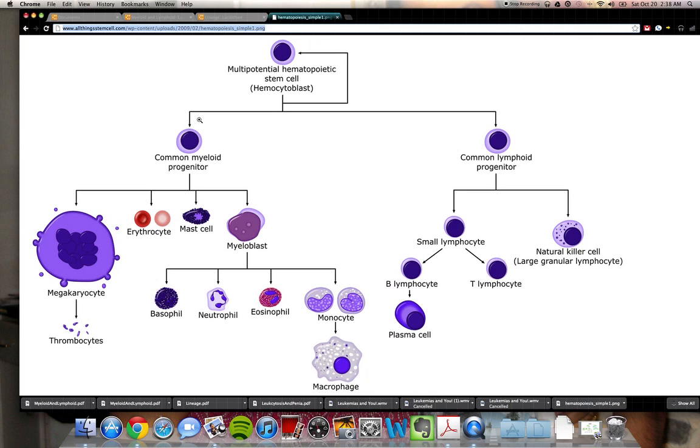Now, let's go back. Anytime we get stuck somewhere in this myeloid lineage, what's going to happen? We're not going to be able to produce megakaryocytes or platelets, leaving us with thrombocytopenia. We're not going to be able to produce red blood cells, leaving us with anemia. We're not going to be able to produce leukocytes, leaving us with leukopenia.